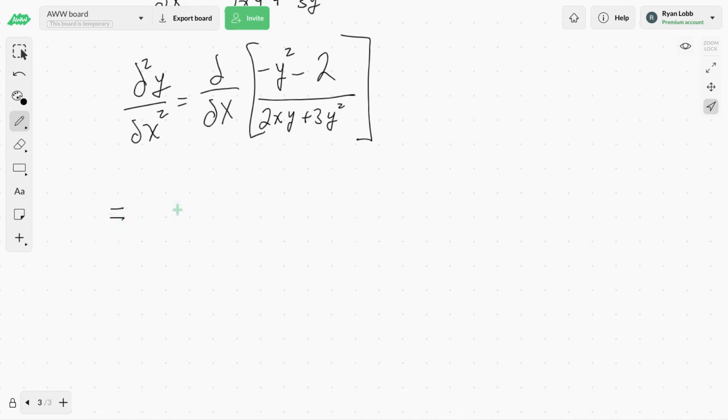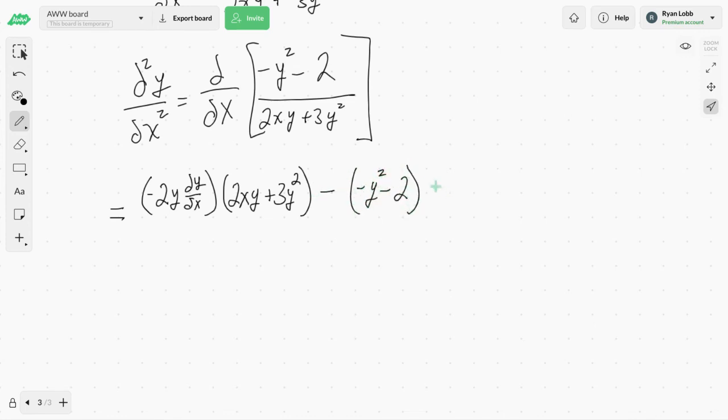Equals, let me give myself some room here, parentheses, the derivative of the numerator, negative y squared minus 2 with respect to x, is going to be negative 2y dy/dx. There's n prime, derivative of numerator, times the denominator, which is 2xy plus 3y squared, n prime d, minus n times now the derivative of the denominator. Now we've got to take this as my new problem, just taking this derivative, which we have here, 2x times y.